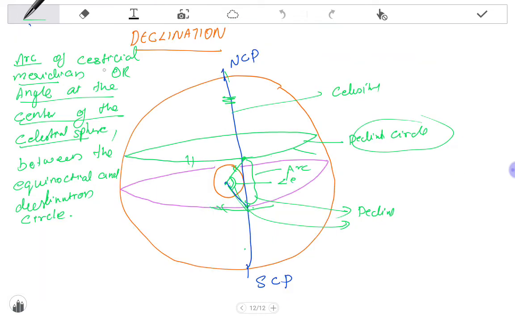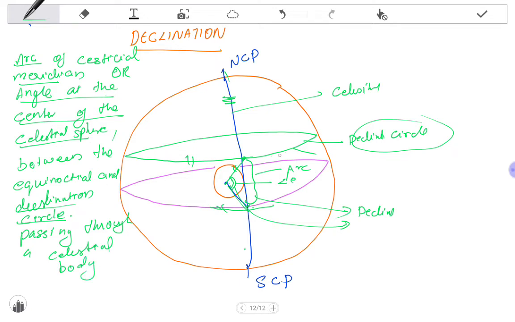the arc of a celestial meridian, or angle at the center of the celestial sphere, between the equinoctial and the declination circle. Which declination circle? That also you have to mention: the declination circle passing through a celestial body.